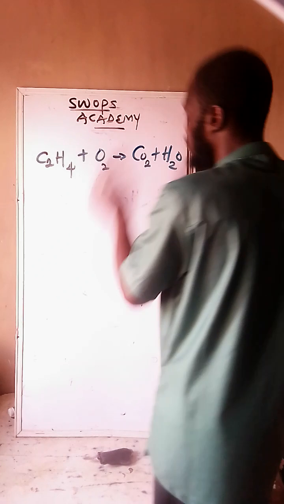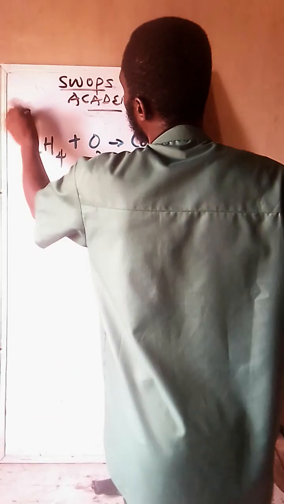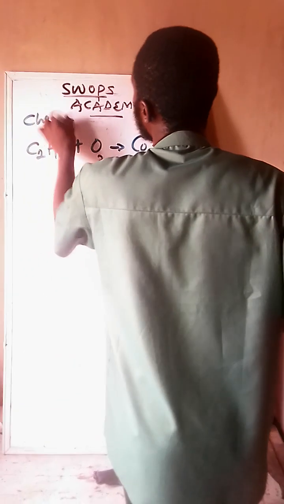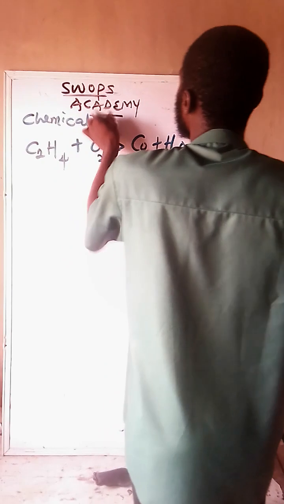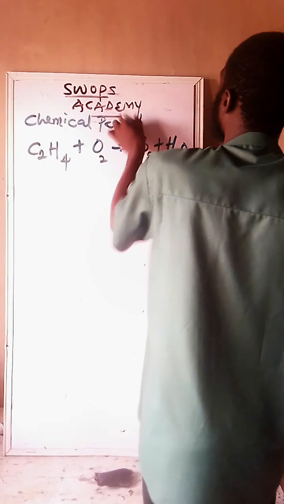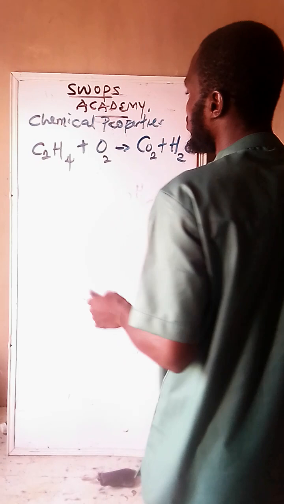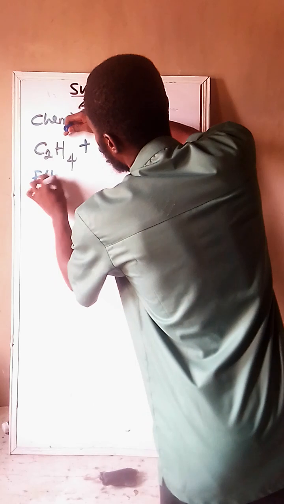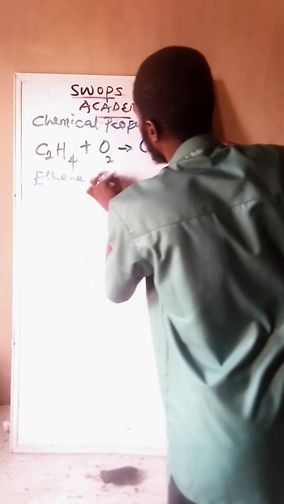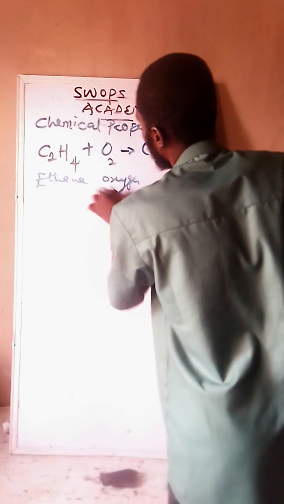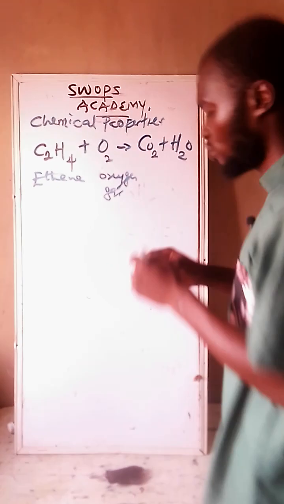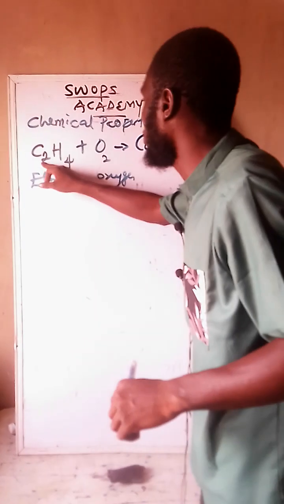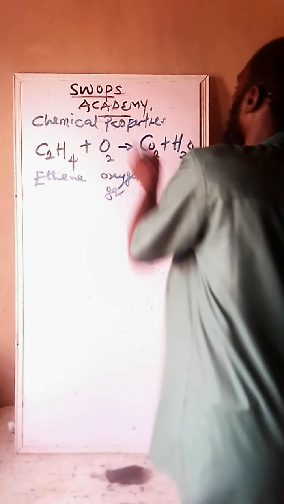So this is the first chemical property of alkenes. Are we together? So then you balance it up. This is ethene, this is oxygen gas, this is carbon dioxide, and this is water. How many carbon is here? 2. This is 1, so you can put 2 here.